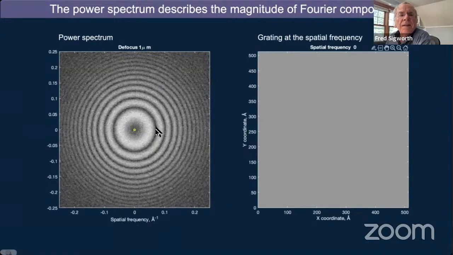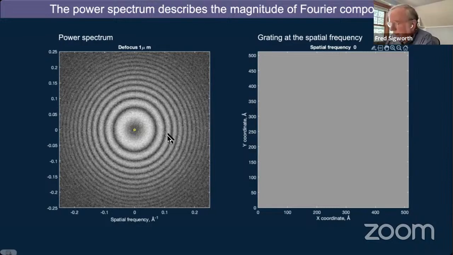And the dark rings are the zeros of the contrast transfer function. So if we just looked along here, and if we were to plot that, that would just look like the square of the CTF.